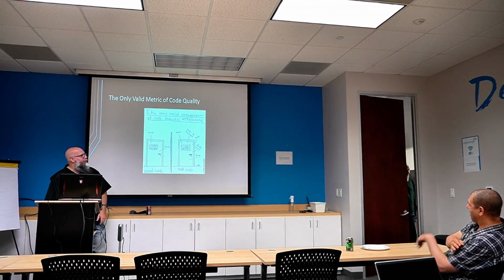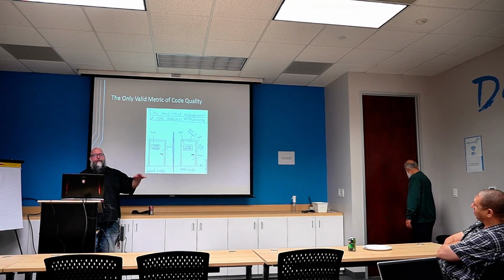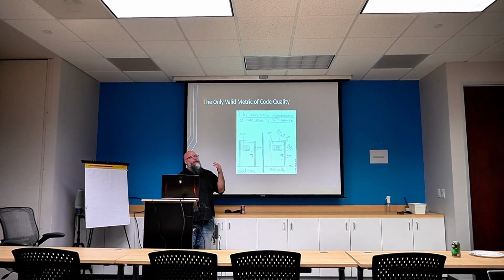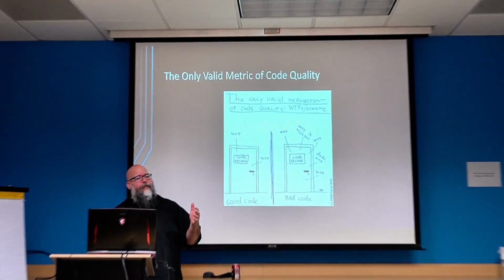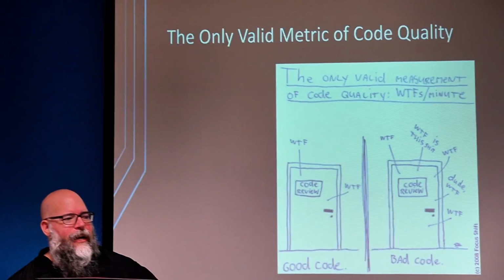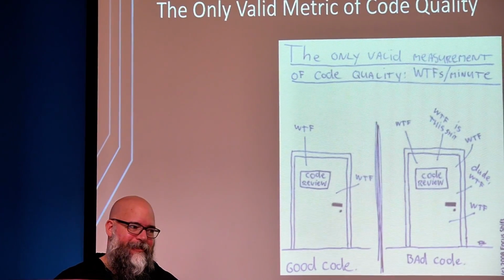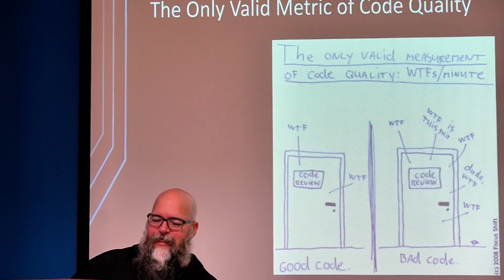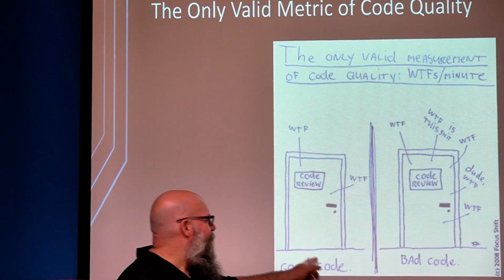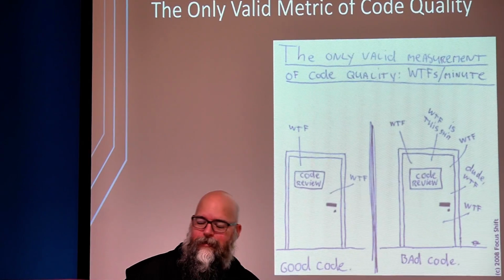A good way of doing software development is to write your code as if the person who's coming behind you to maintain it is a violent psychopath who knows where you live. Right? This one might get you attacked. This one, you might just get dirty looks from.